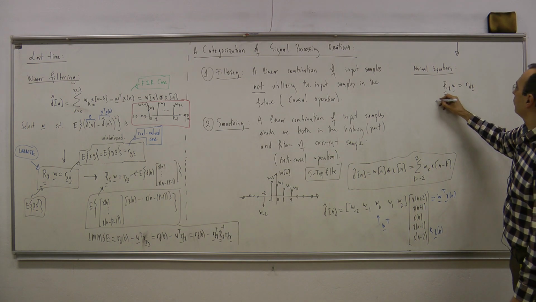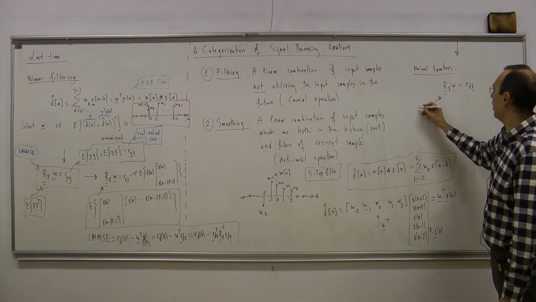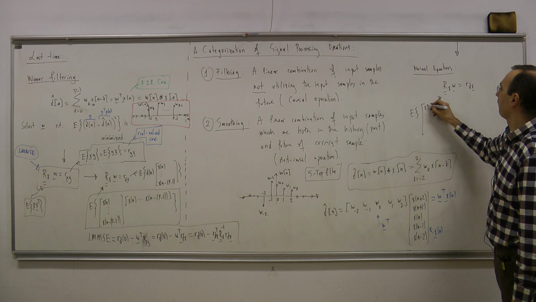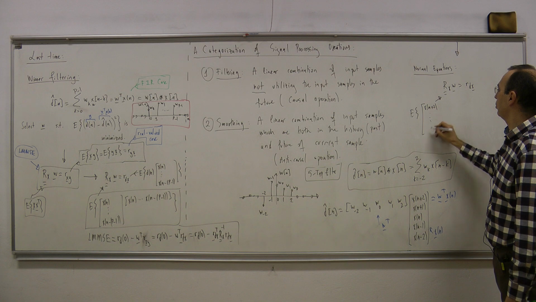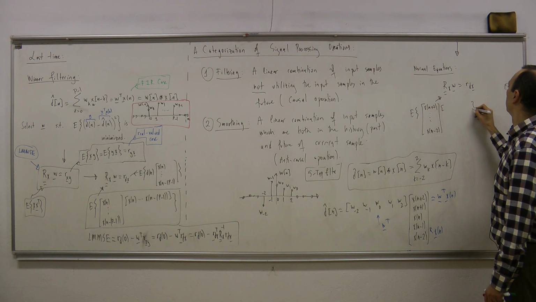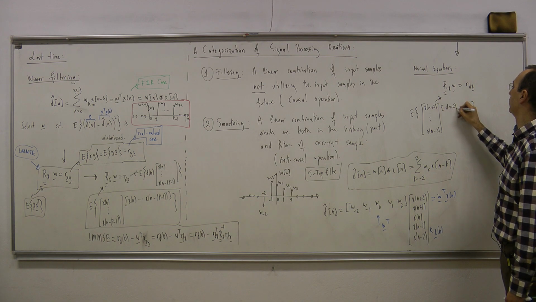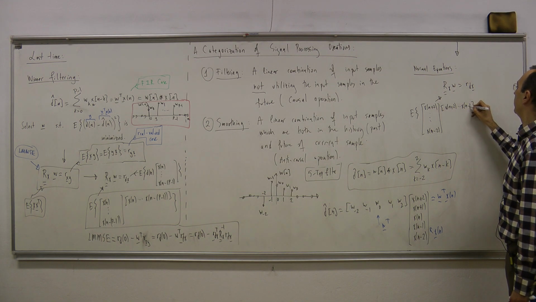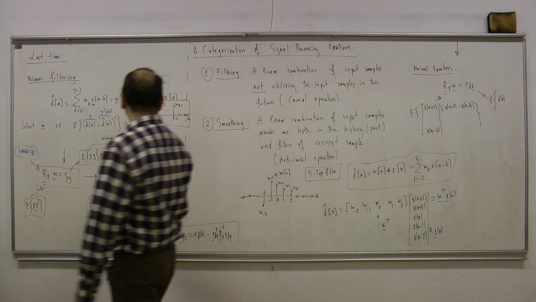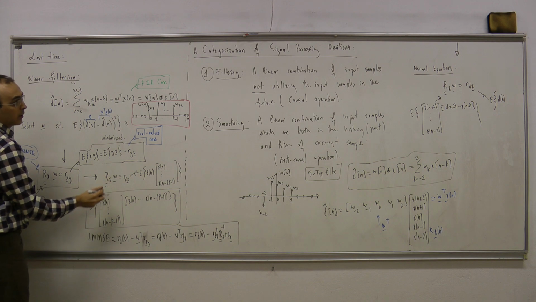So what do I have? For this one, again I have the expected value of this vector, x n plus 2 through x n minus 2, times its transpose. And over here, I have the expected value of this times d of n. So there is nothing new actually. I'm implementing the same thing for the new x vector.